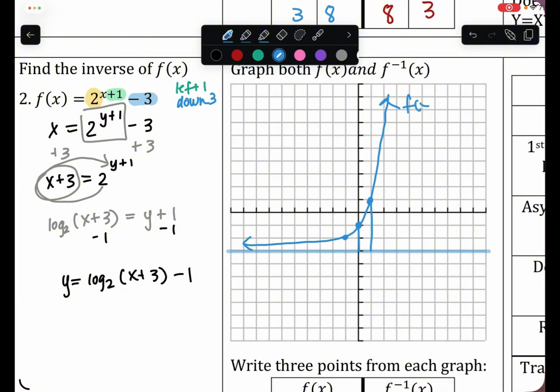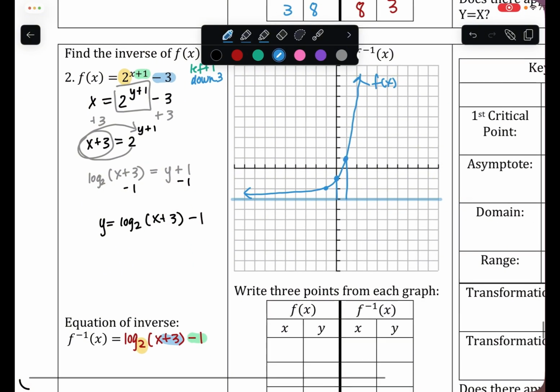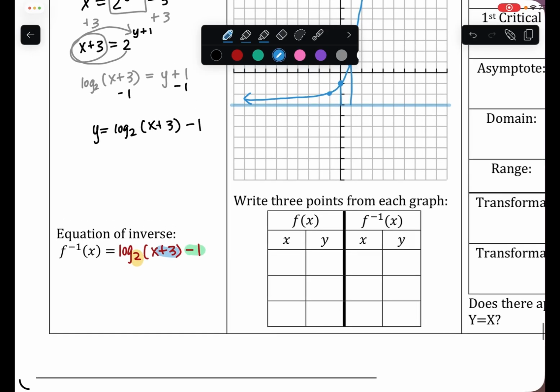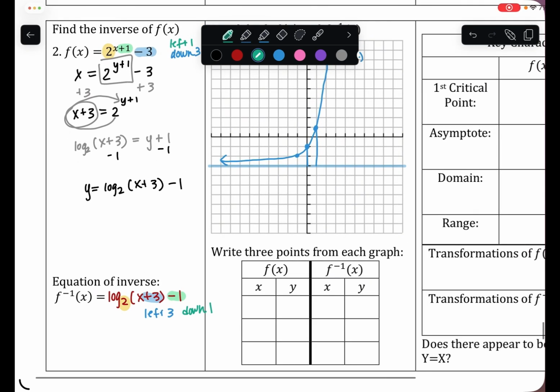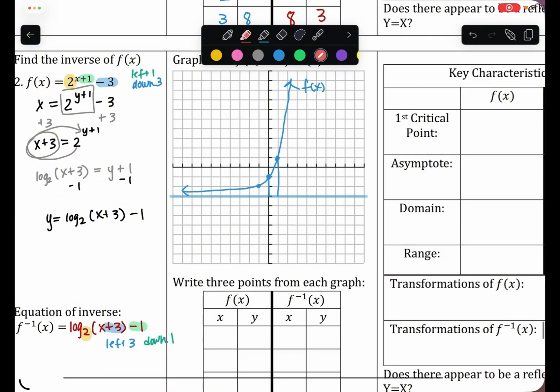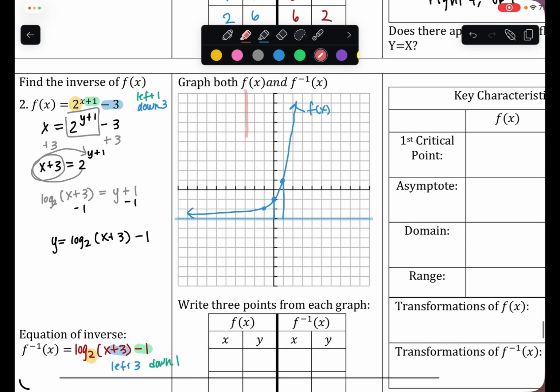That's f of x. Now for log functions, looking at this transformation, we have a left 3 and a down 1. Left 3, down 1. And so the first thing we want to graph is the vertical asymptote, which is x equals -3 now, because it's been moved left 3.